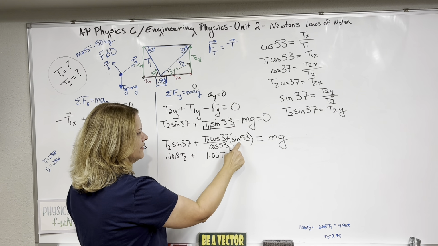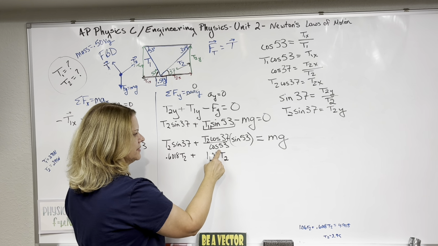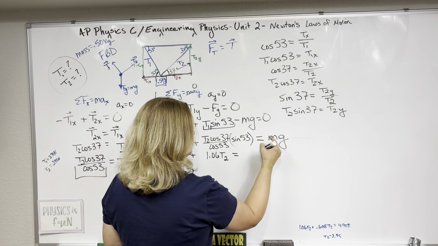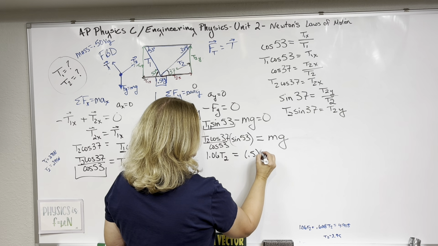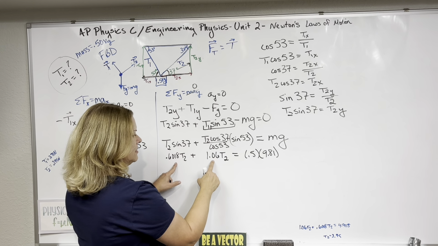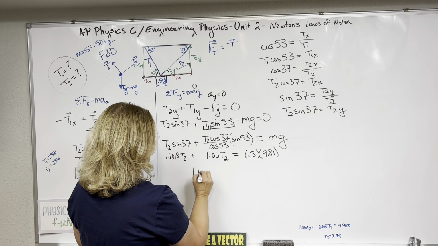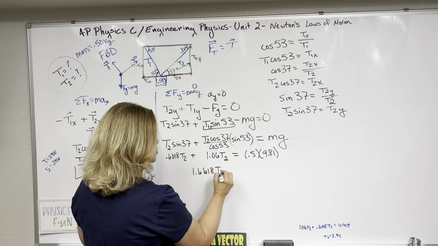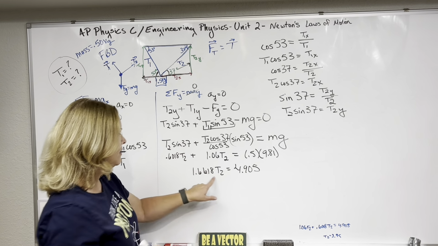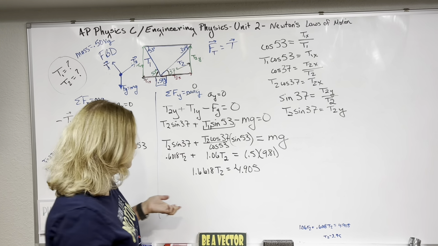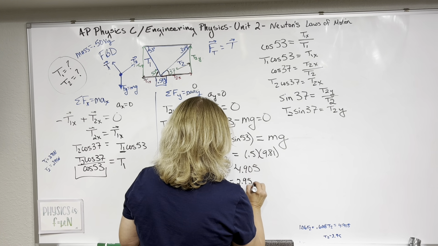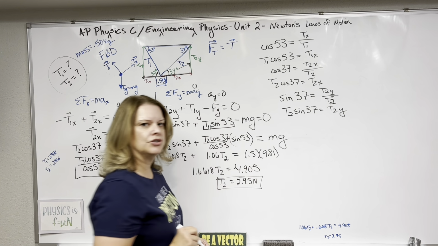So cosine of 37 times sine of 53 divided by cosine of 53 is how you get that number, equals my mass, which is 0.5 times 9.81. All right, I'm going to add these. These are like terms, and I'm going to get 1.6618 T2 equals 4.905. Now I just divide both sides by 1.6618, and my T2 equals 2.95 newtons. And I have tension 2.